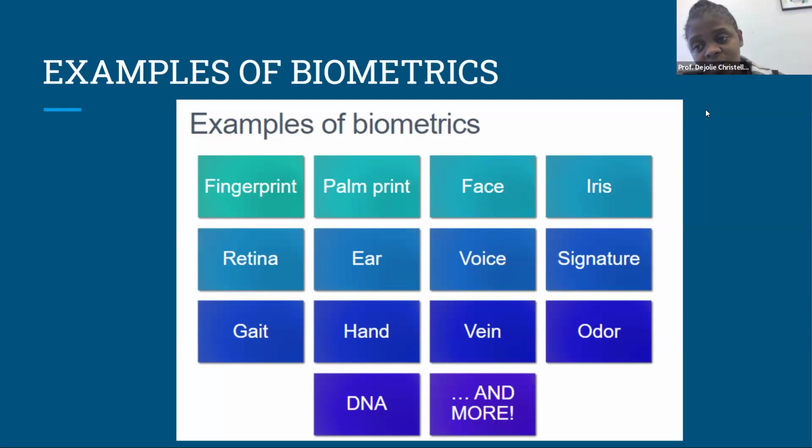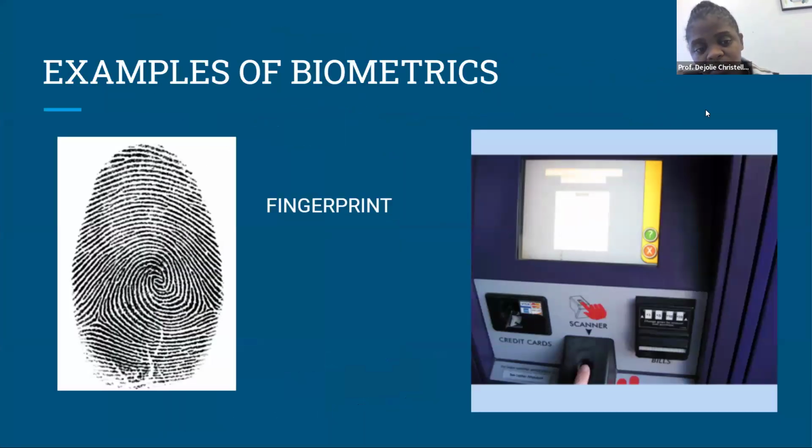Some are used in some department or some field. Signature also is one biometric. These are just the common ones that we know, even if it's not in your area. I think Fred is nursing. You're going to learn all this somewhere along. Everybody knows about the fingerprint.